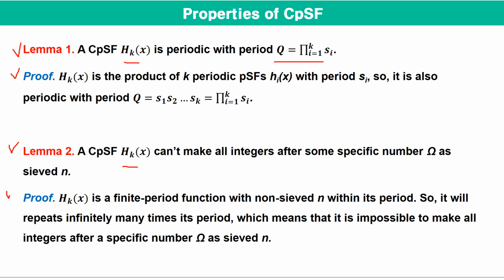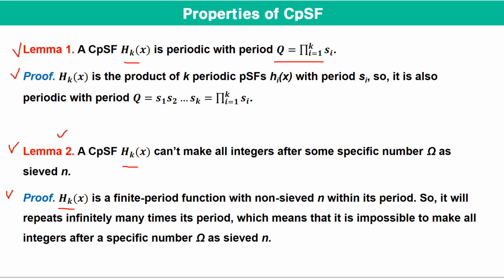As we said before, H is a finite period function with a non-sieved n within its period. So it will repeat infinitely many times its period, which means that it is impossible to make all integers after a specific number omega sieved n.